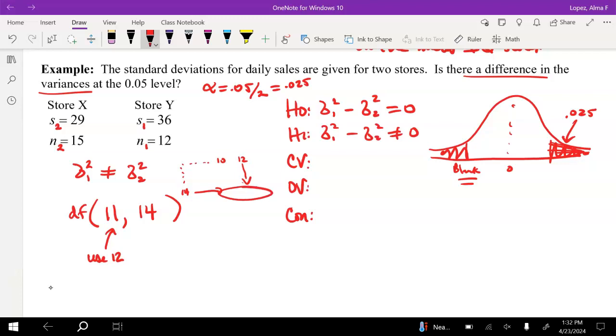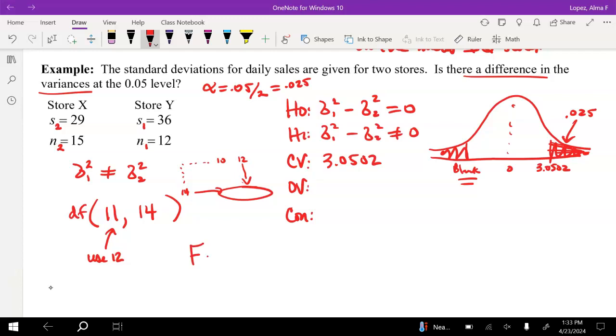Now, why didn't I use 10 or take the average? You just don't. Usually, you will be closer to one number or another. But if it is exactly tied between two, you go to the larger one. And you will find the critical value 3.0502. And again, this is a 4-page table, table F, under tables in Blackboard.